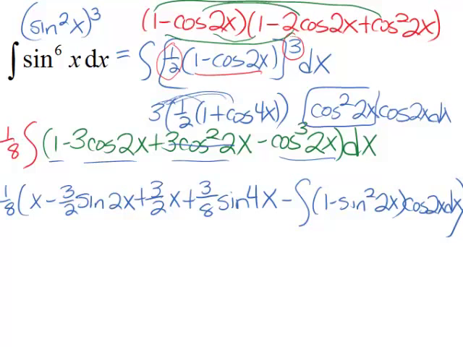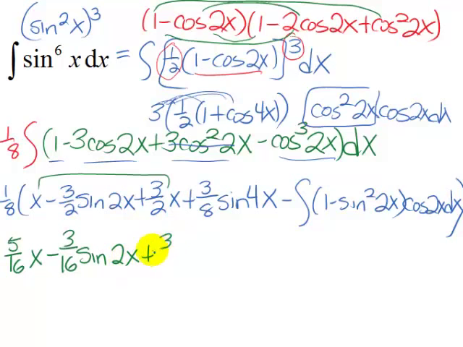Now let's see what we can do here. So we can combine these two, and that would give us 5/2 x, and we'll go ahead and distribute the 8 through. So that's going to be 5/16 x, and then this would be minus 3/16 sine 2x, and then we'd have plus 3/64 sine 4x.